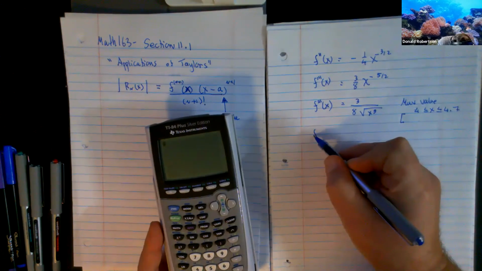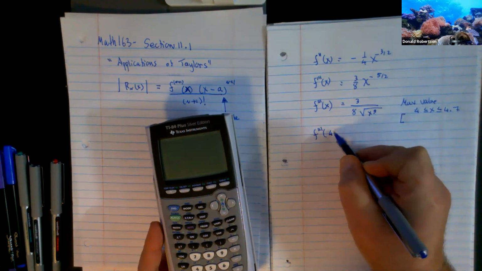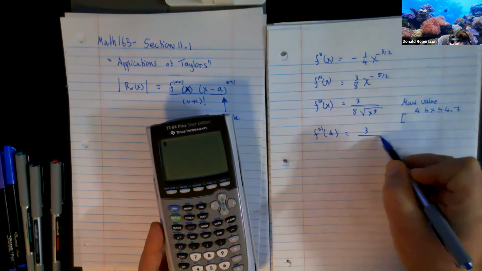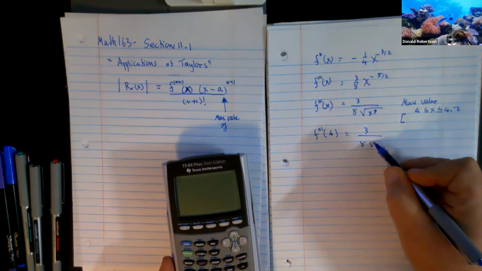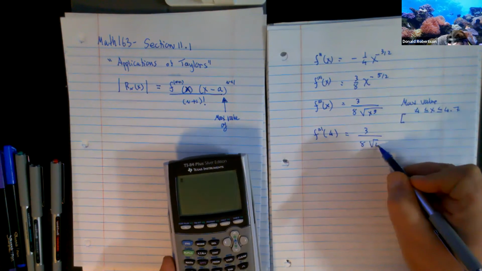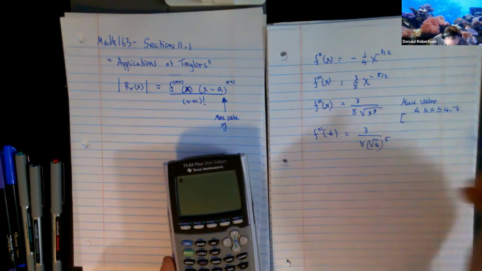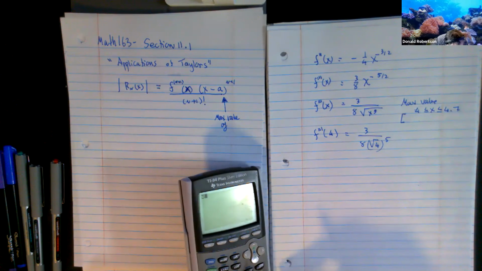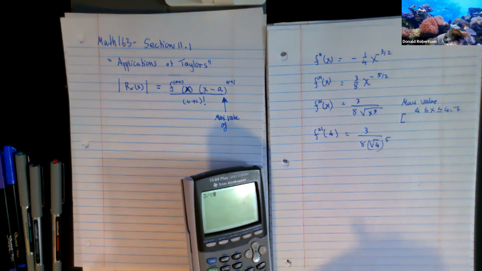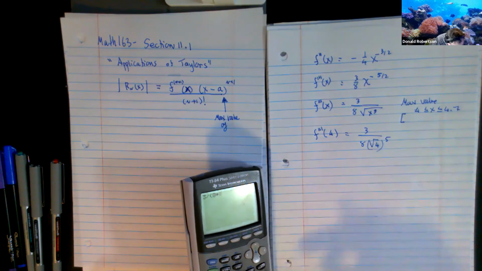Essentially, I'm going to find the third derivative at 4. Now that's the square root of x to the 5. I could just find the square root of 4 and raise it to power of 5, which is nicer. So let's see what that looks like. Okay. 3 divided by, put a bracket around it, 8 times 2 to the power of 5.